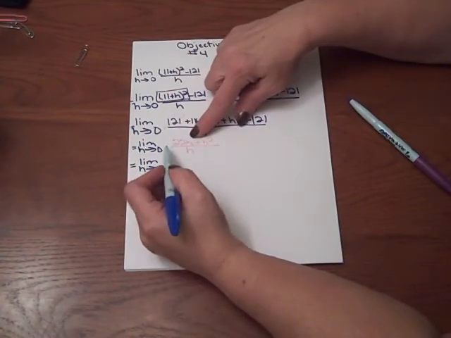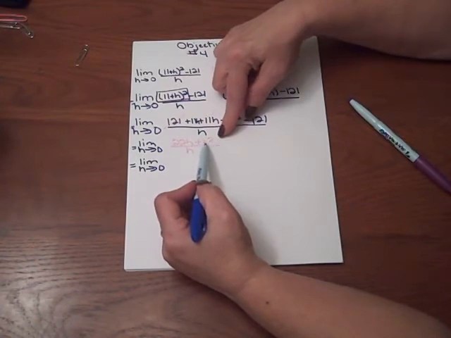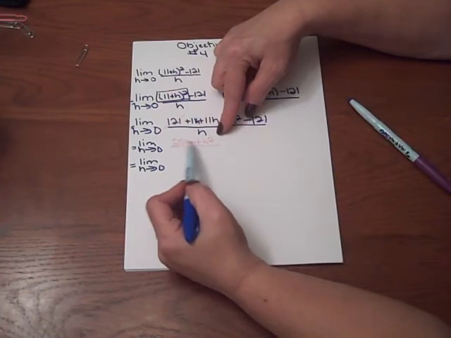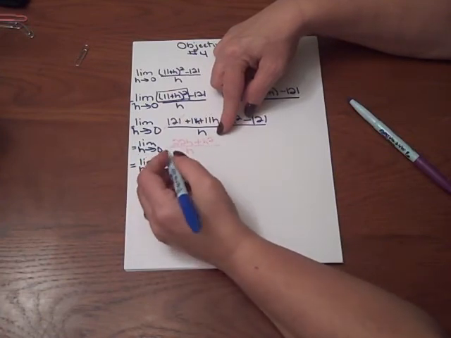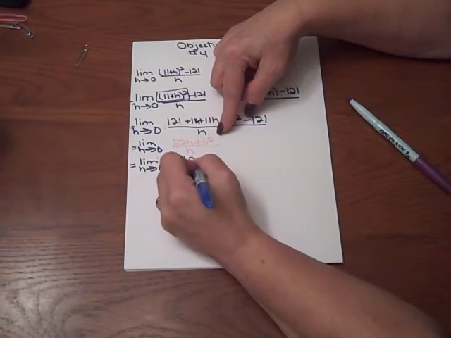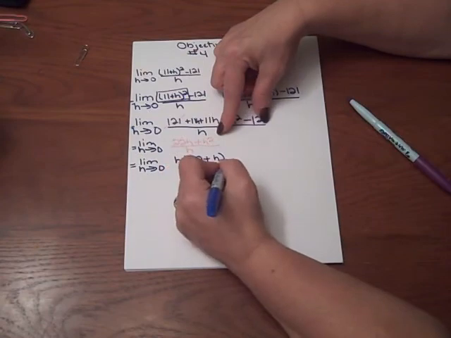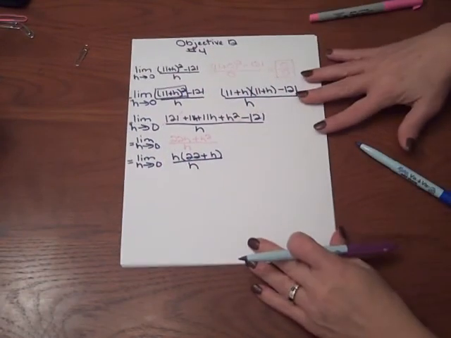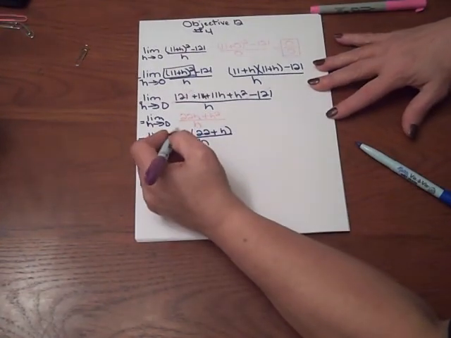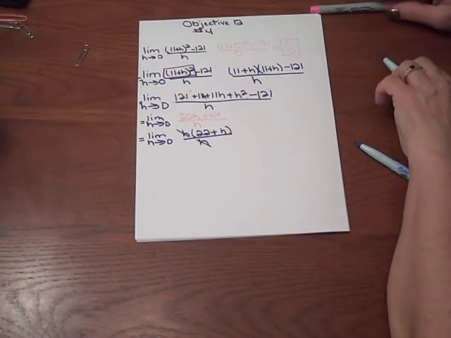To do this, if you look at 22h plus h squared, the way that we would factor this is just bring out the h. So we're going to put the h on the outside. Now we'll have 22 plus h over h. And cancel. So the h's will cancel out.